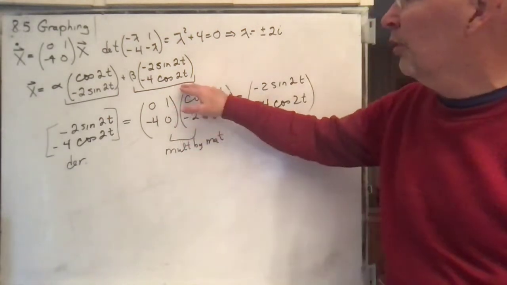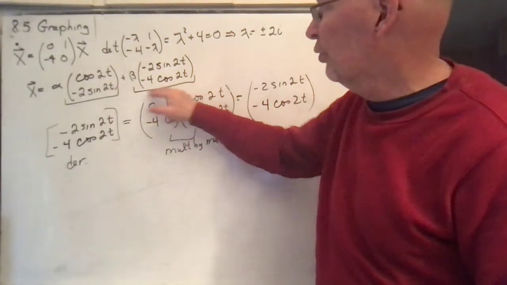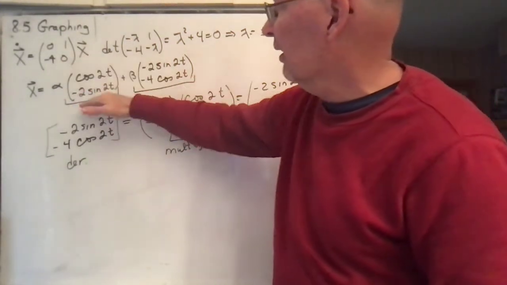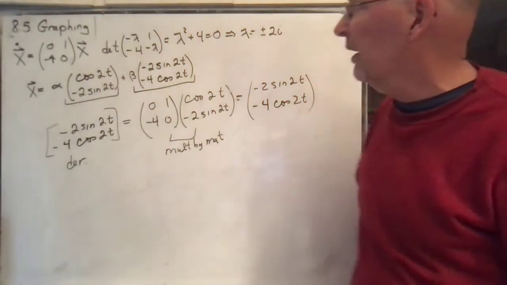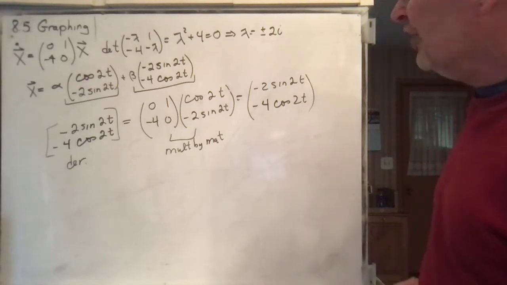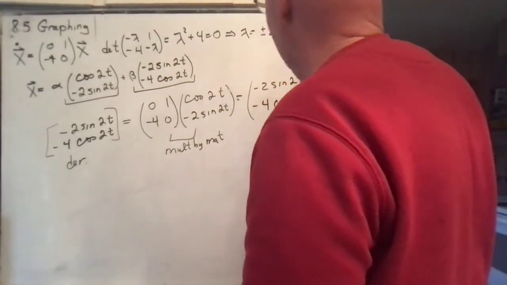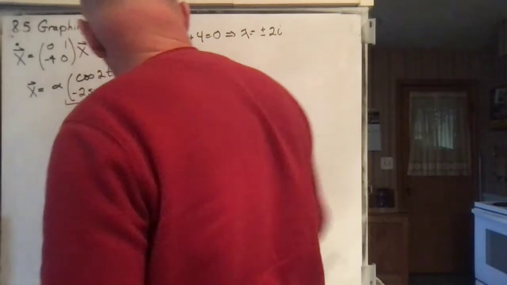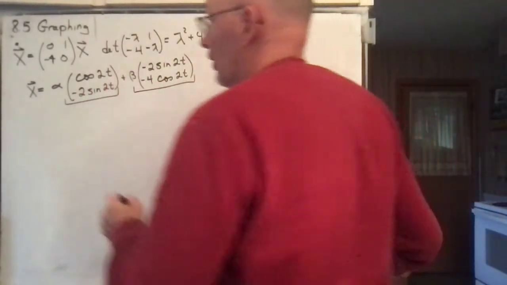And that would also hold true for this. So they are two solutions of this. They are linearly independent, and so that's all we need. Okay? So once you have those, what does that solution look like? Let's go ahead and write it out.